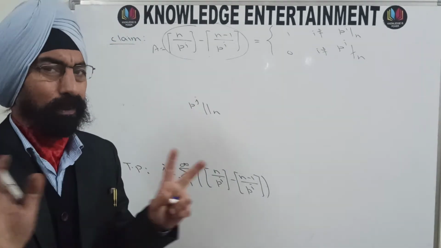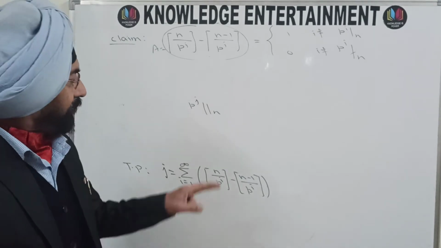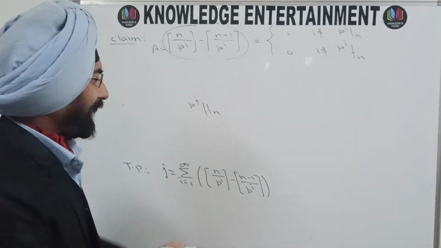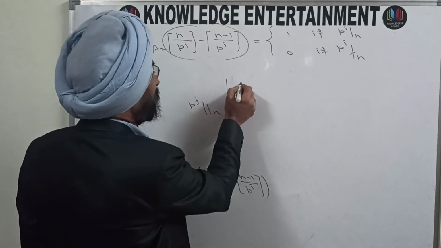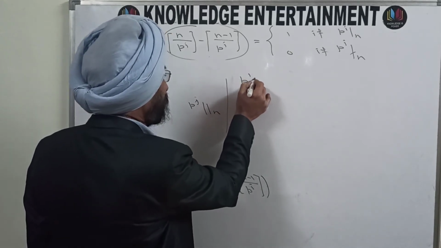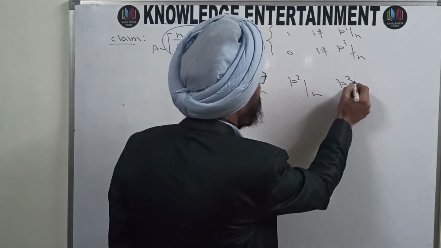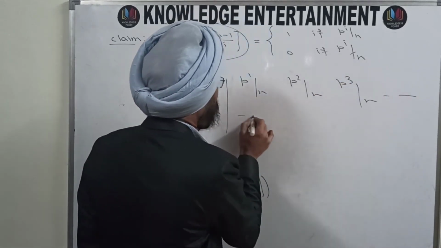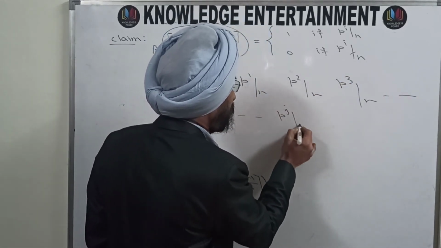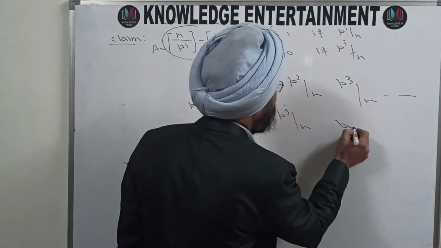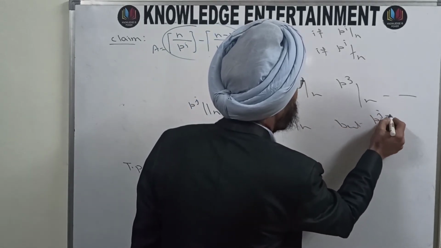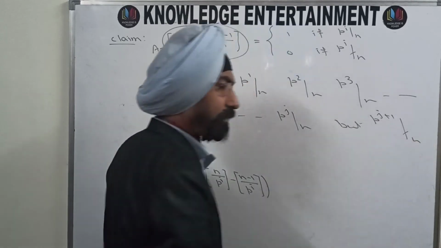That means p^(j+1) does not divide n. You can see it as: p^1 divides n, p^2 divides n, p^3 divides n, and so on. p^j divides n, but p^(j+1) does not divide n.